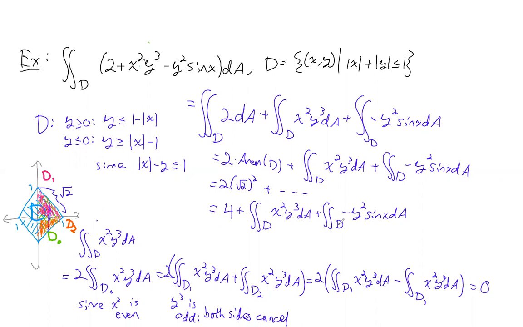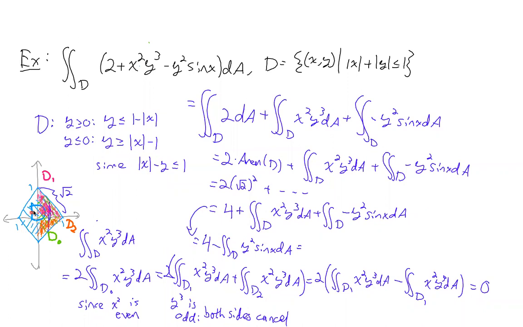So in other words, all of this is going to become 4 minus the double integral over D of y squared sine x dA, which again, since y squared is even, but sine x is odd, you're going to flip over in the opposite direction now, flip over along the y-axis instead of along the x-axis, and in this case, the two sides are going to cancel again.